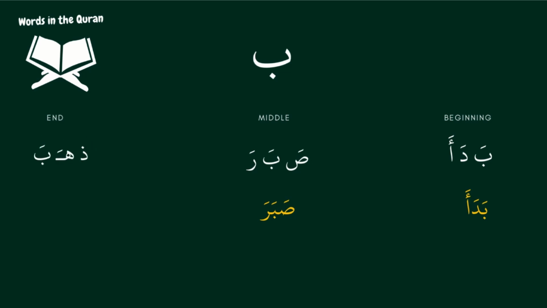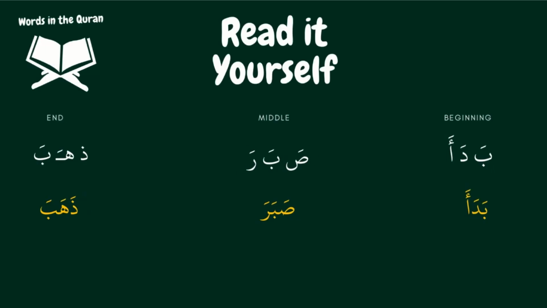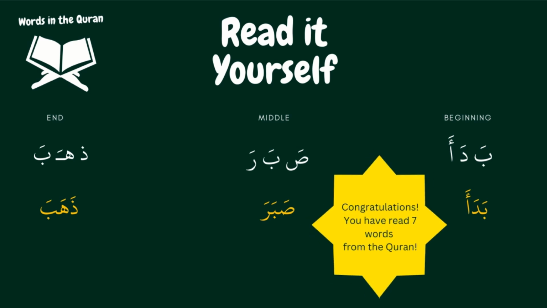At the end, ذهب, ذهب. Ba remains similar looking. Read this yourself. Congratulations, you have read 7 words from the Quran.